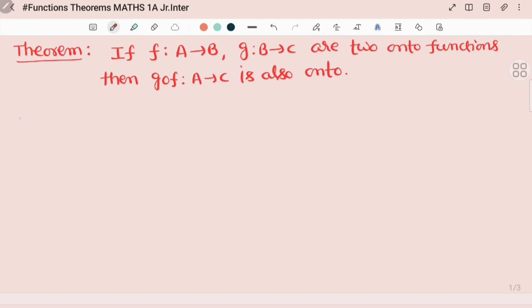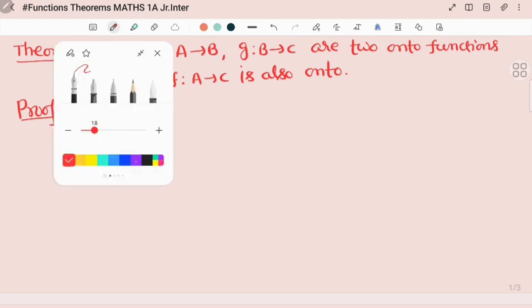So in the previous question, is 1 question, dear students.